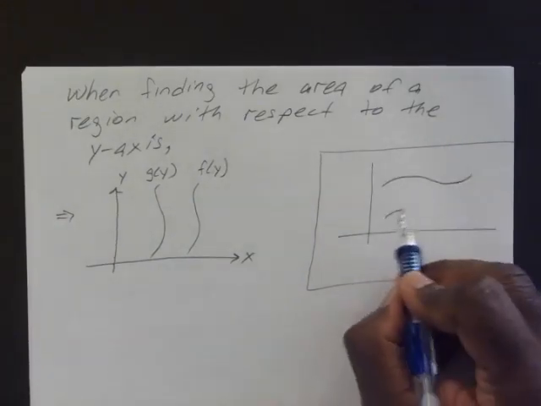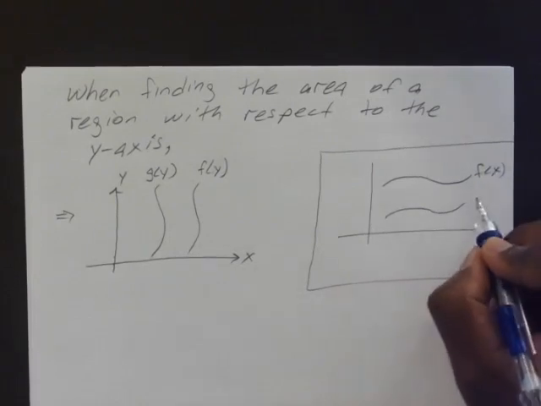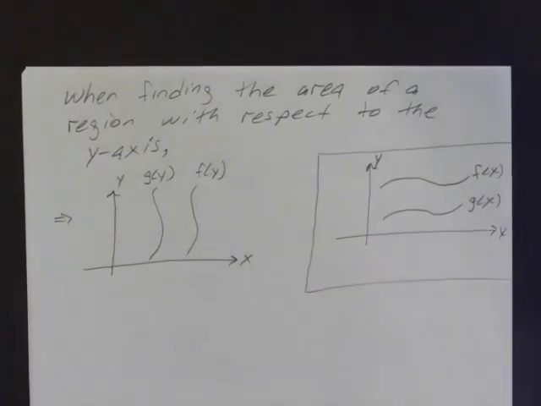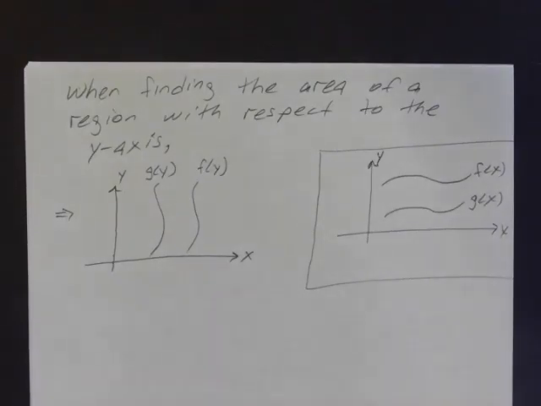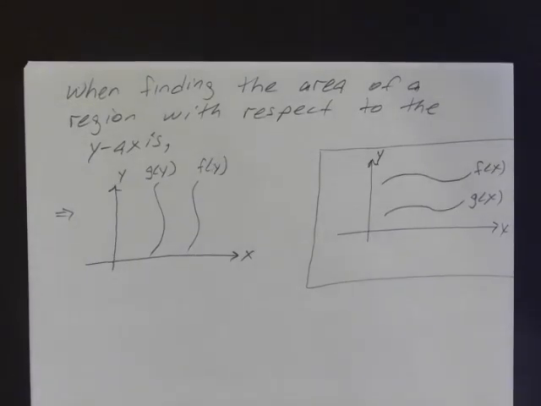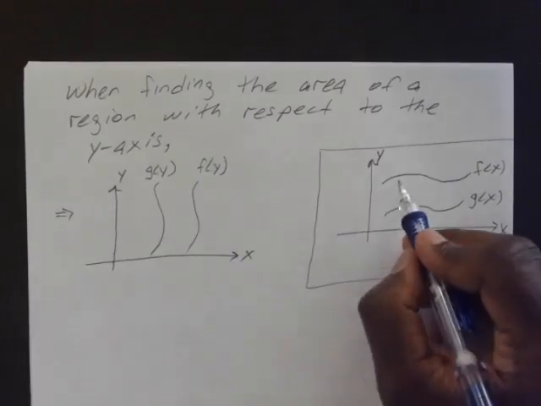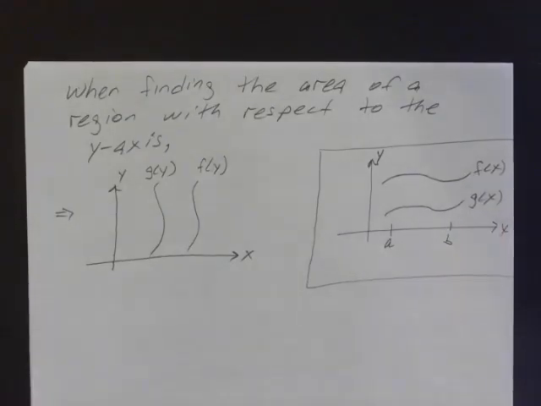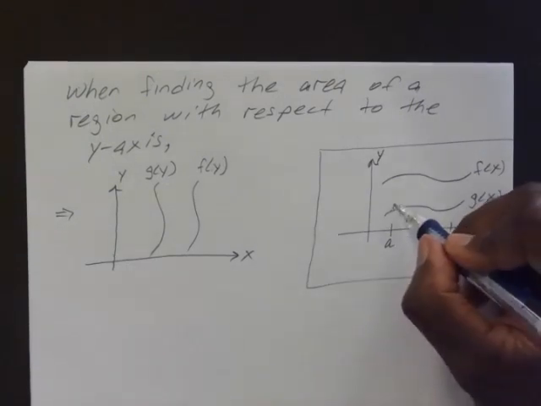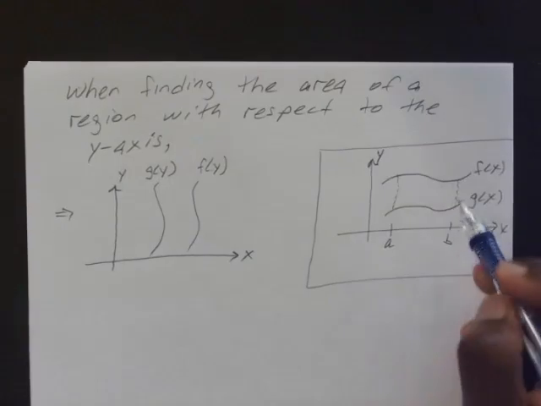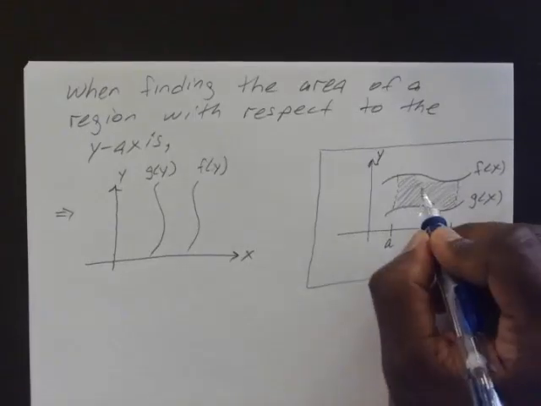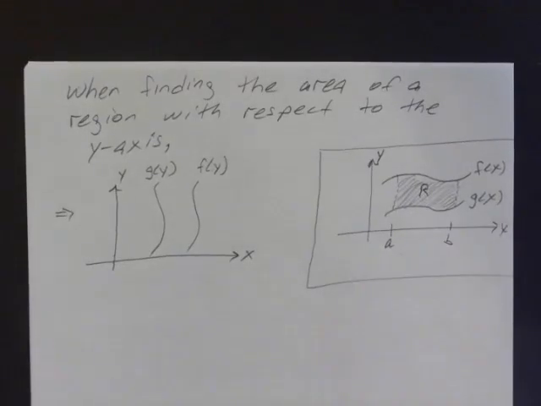If you have your f of x and g of x, we could see that if we wanted to find the region between some value a and some value b, this would be our region here, if it were bounded above by f of x and below by g of x.